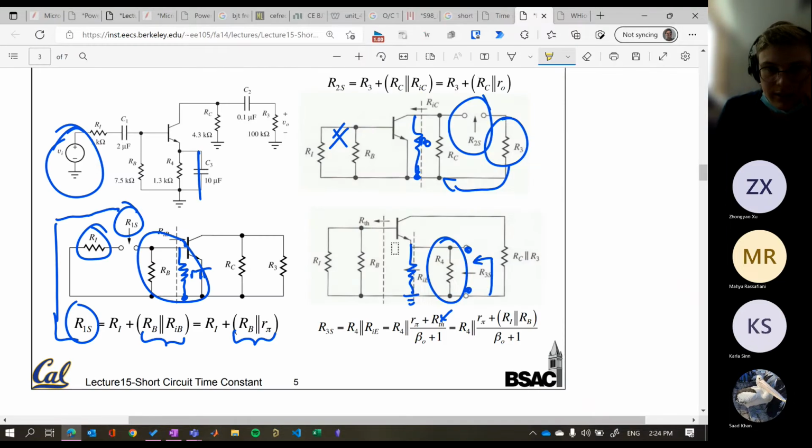If we take this resistance and R pi, which is hooked up through our transistor, we can actually turn it into a parallel resistance with a value of R total divided by beta plus 1.